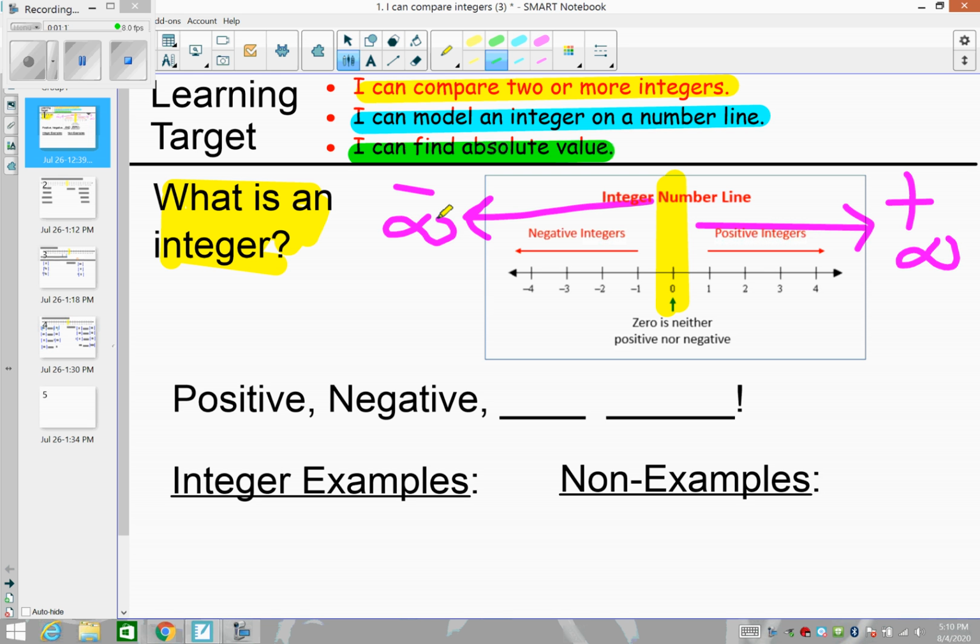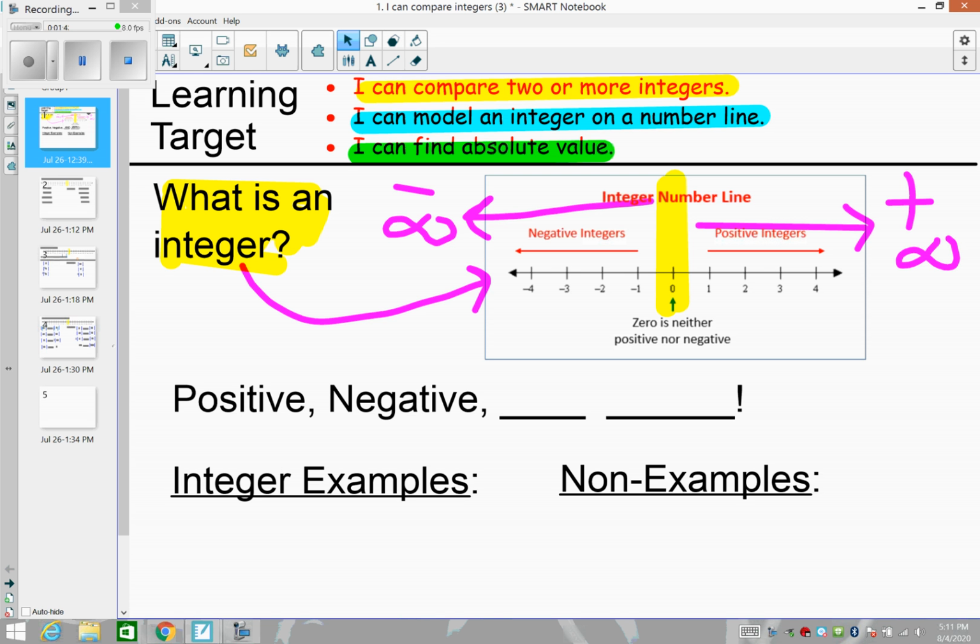What you'll notice about the number line of integers specifically, or what hopefully you'll notice, is that all of those numbers are whole values. Whole numbers 1, 2, 3, 4, -1, -2, -3, -4. You don't see any parts over there. We don't see any fractions, mixed numbers, decimals, things like that.